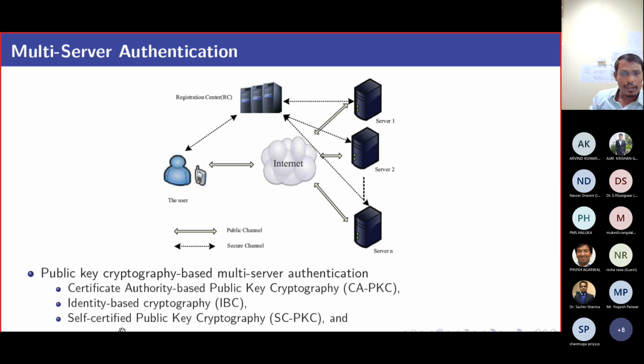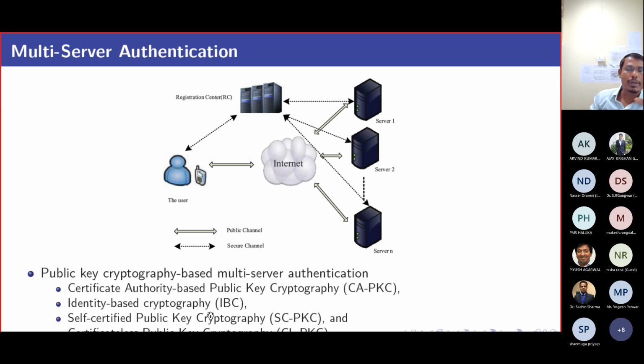Similarly, other cryptosystems are like self-certified public key cryptography and certificate-less public key cryptography. I'll tell you something about these. So these are the general four paradigms in public key cryptography. This is certificate-based, this is identity-based, which does not need any certificate. Self-certified: here the user and the server both communicate and create their own certificate.